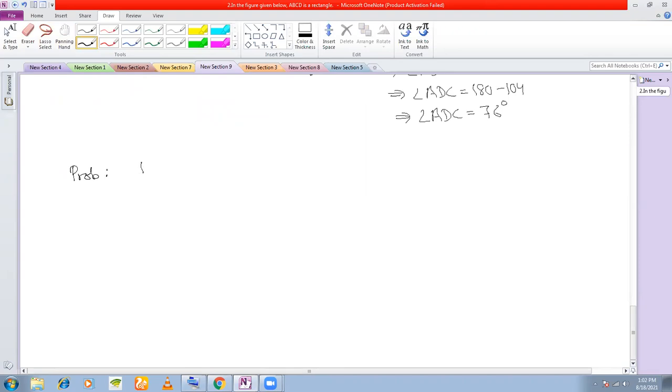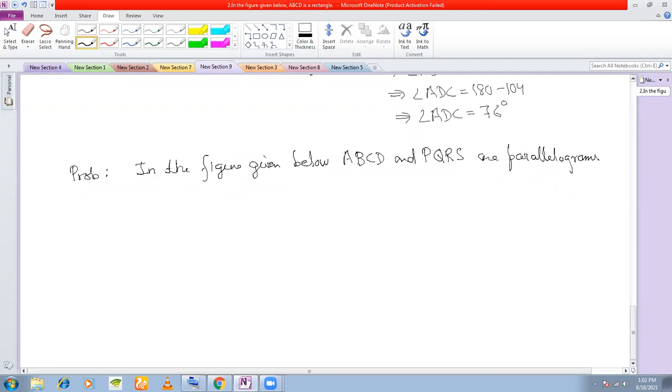In the figure given below, ABCD and PQRS are parallelograms. Find the value of x. Okay, let's draw the figure.